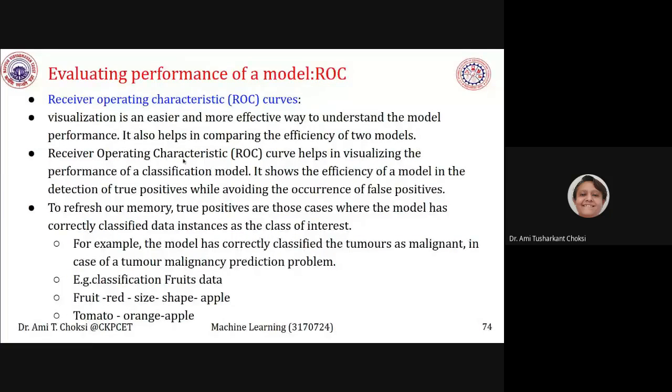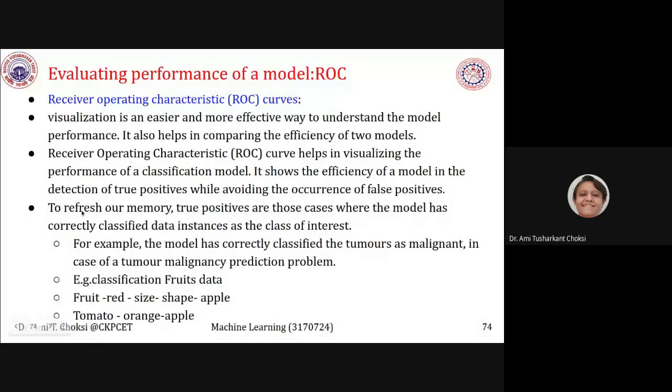So what this receiver operating characteristic says is that it helps in visualizing the performance of a classification model. It shows the efficiency of a model in the detection of true positives while avoiding the occurrence of false positives. Are you getting what it gives us? It gives us the true positives while avoiding the false positives.